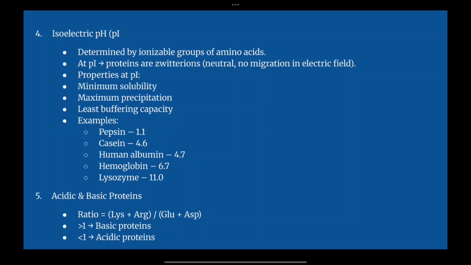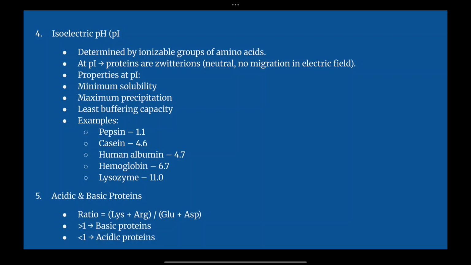So whenever you try to dissolve a protein in certain alkaline medium or an acidic medium, it shows a precipitate. There is a formation of clumps, or the liquid is not completely solubilized with the protein. Now there is a least buffering capacity, that is, the proteins do not bond or form a buffer that is helpful in the reaction process.